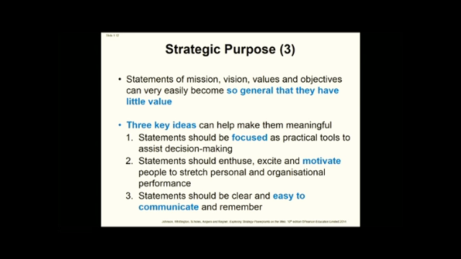So that is focused enough that it can help assist with decision making. That's one of the 3 key ideas in trying to make the whole strategic purpose statement helpful. There's no point in doing it all if it's not going to help anybody.